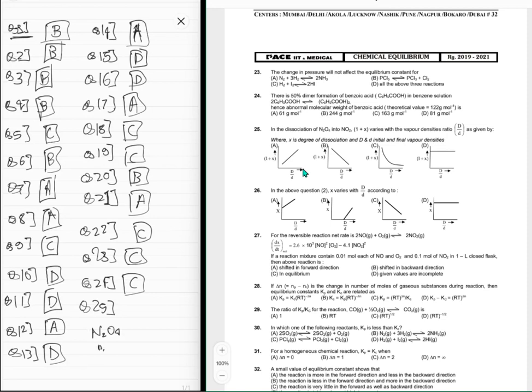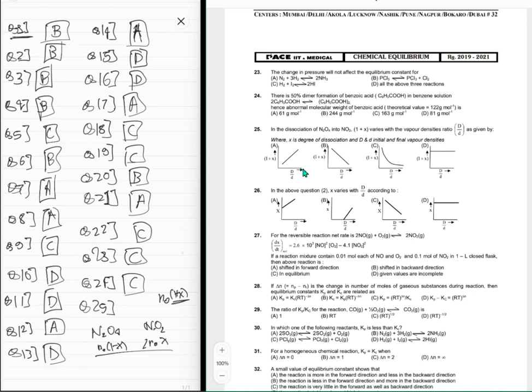Then after x degree of dissociation, N2O4 is n naught into 1 minus x, and NO2 is 2 n naught x. Combined, these would be n naught into 1 plus x, and that's why they chose this 1 plus x thing. So the total number of moles has increased by 1 plus x, and that's why the molecular mass will be decreased by 1 plus x.